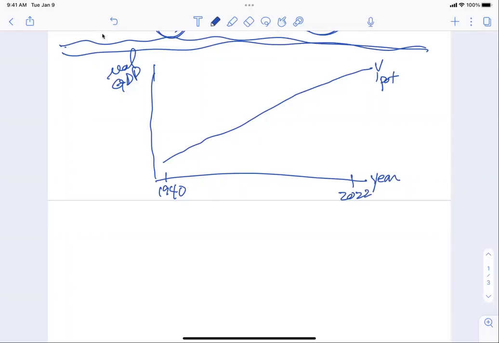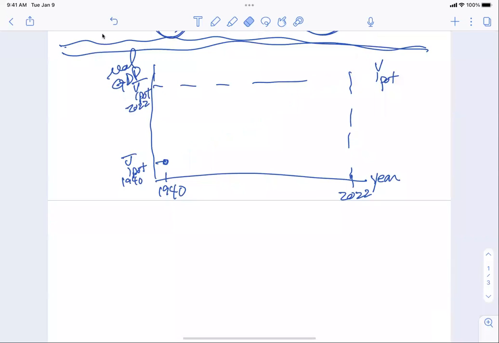This is like a FRED graph, a graph from FRED. So here's potential real GDP in 1940, and I'm just picking that year as a starting point. Here's potential GDP in, let's say, 2022.